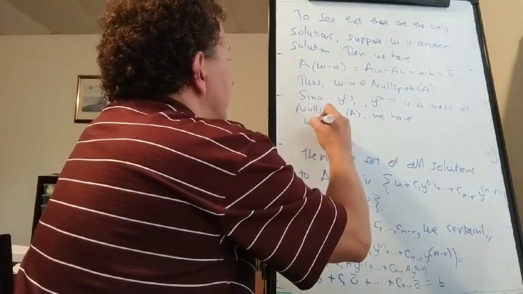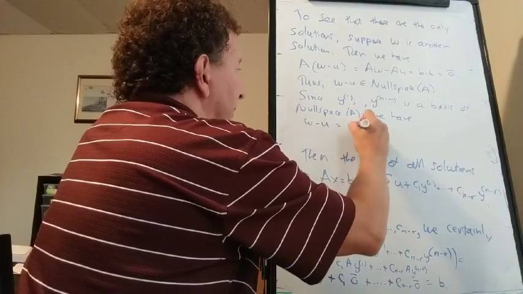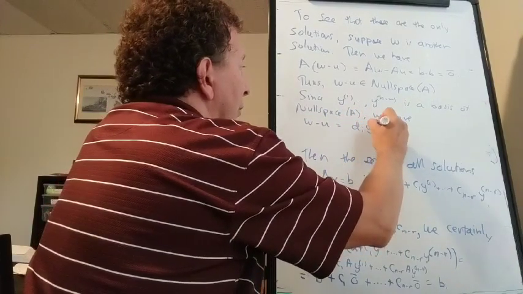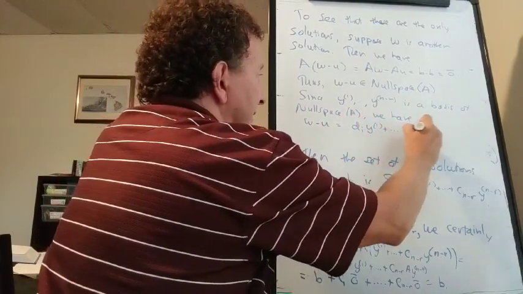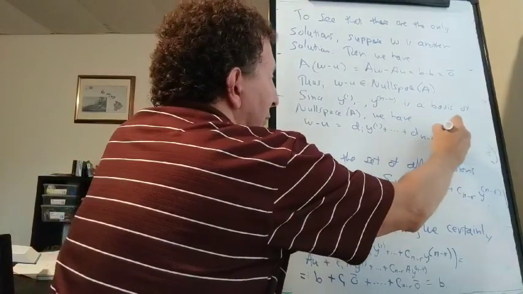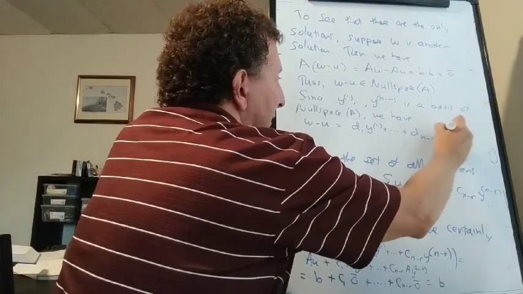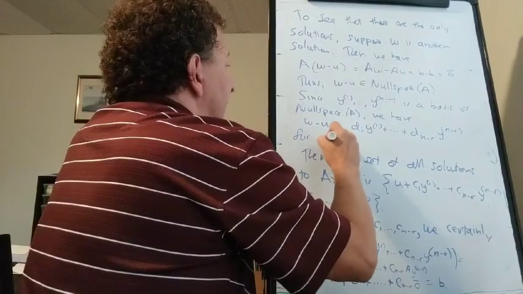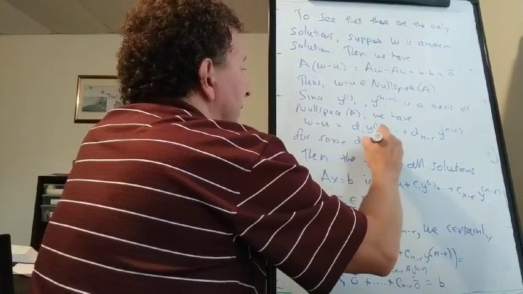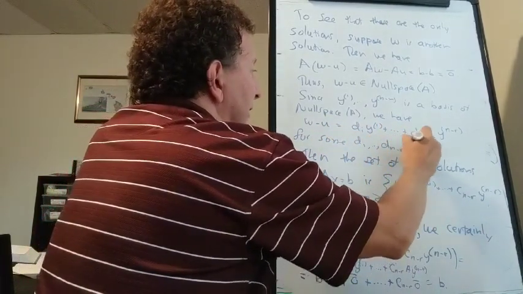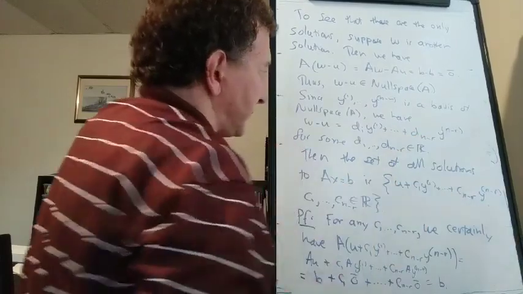So we have W minus U equals something like D1 Y1 plus dot dot dot Dn minus R Yn minus R for some D1 through Dn minus R, which are real numbers.